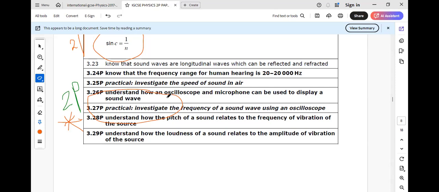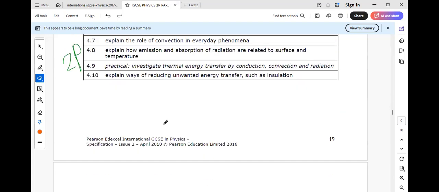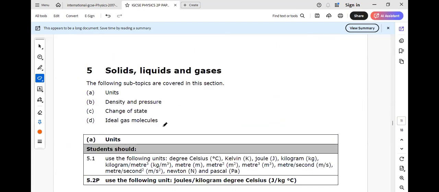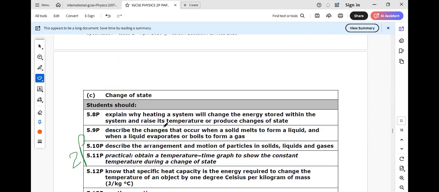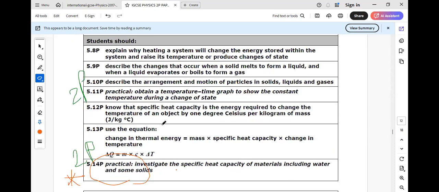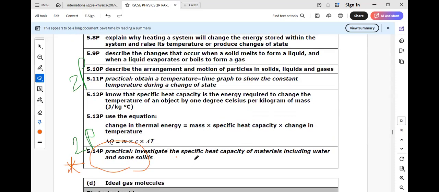There are 2 favorite experiments from my side in tomorrow's paper. I know how far it is going to be right. But what I feel is either you'll get this sound-related experiment with the oscilloscope or heat energy, a heat practical to investigate the specific heat capacity of a material.